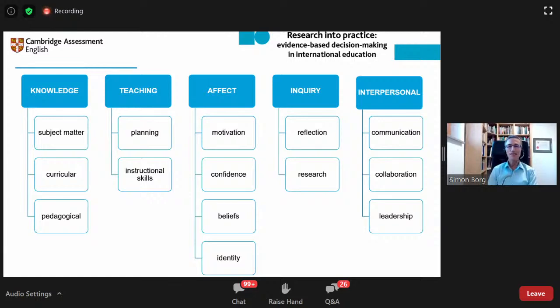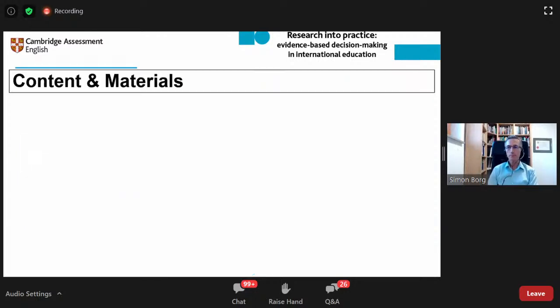Without a clear sense of objectives as well, evaluating professional development programs, as I'll explain later, does become quite difficult. So another important piece of advice for anyone involved in setting up professional development programs is to be very clear about the aspects of teacher competence that the program is targeting.